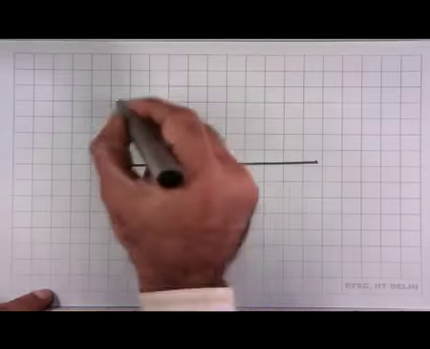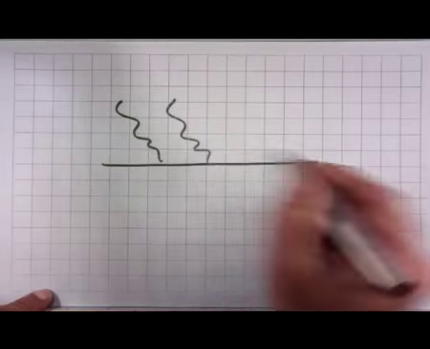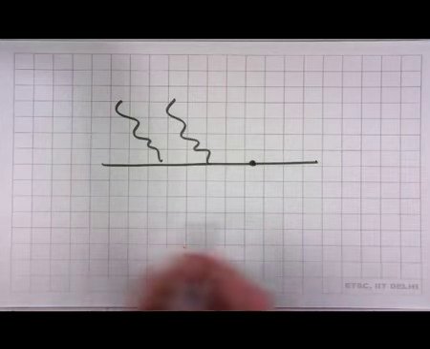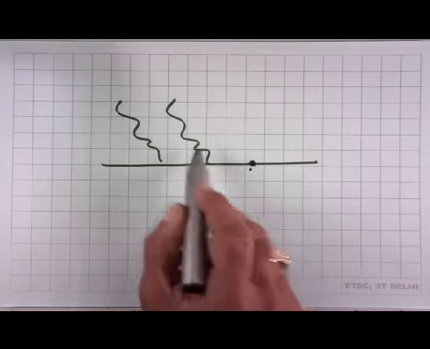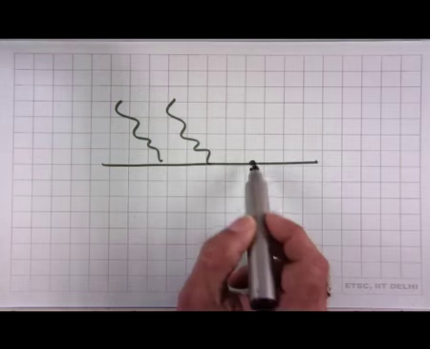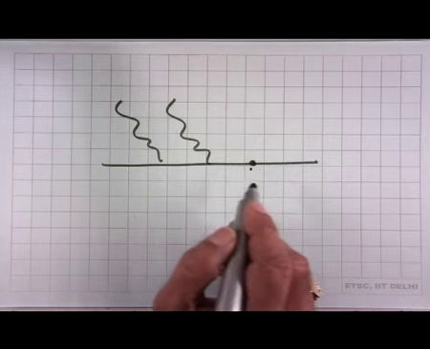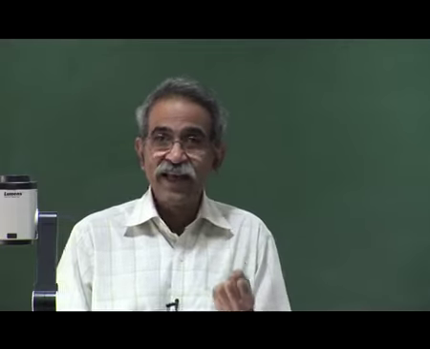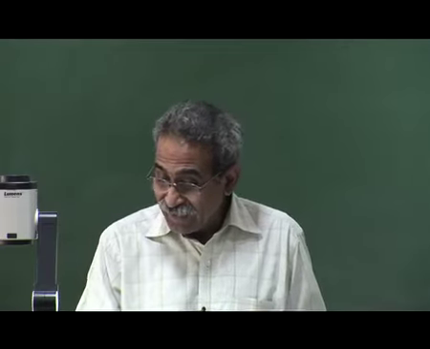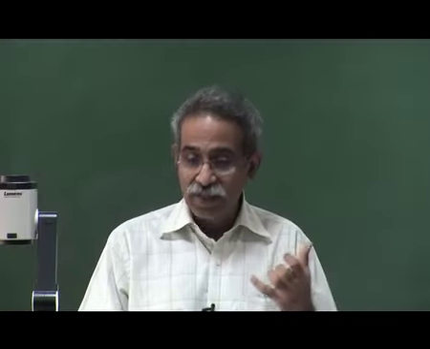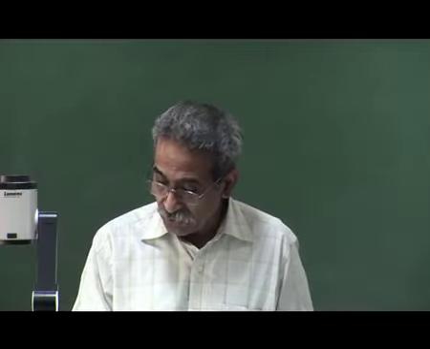So, there is this metal and there is this radiation that is falling, and there is an electron which is sitting here. A good question to ask is, how does this electron get liberated by this radiation? If you imagine this electron is bound to the lattice through a spring, that is how we imagine the atom to be. Then this radiation comes, it hits the electron, therefore, it will start oscillating. So, what you are getting is a forced oscillation.